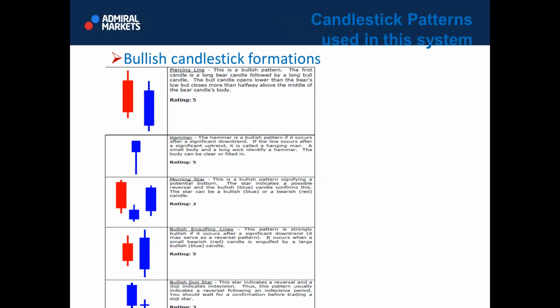I have personally repeated it so many times, and maybe for some traders I'm a little boring when I repeat these patterns. But you know, piercing line, hammer, morning star, bullish engulfing lines, bullish doji star. Okay, bullish engulfing. Rating means how reliable the pattern is. The higher the rating, the more reliable the pattern is.